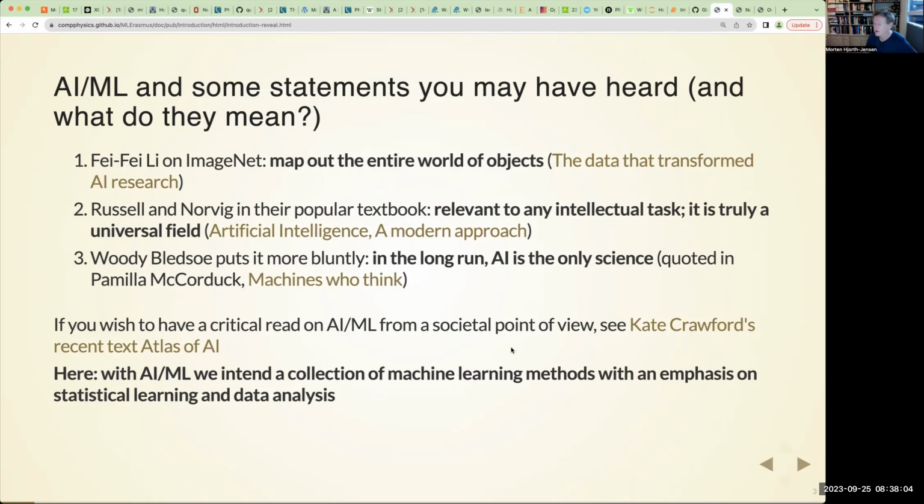Now, the methods you develop can also be extremely powerful when it comes to face recognition, which is a delicate topic. In this course, we will not put very much emphasis on this kind of societal aspects. If you wish to delve into that, take a look at, for instance, Kate Crawford's text. The kind of science ethics which we will mainly deal with is to make our science reproducible. But we will not think too much about the societal impact of machine learning methods.